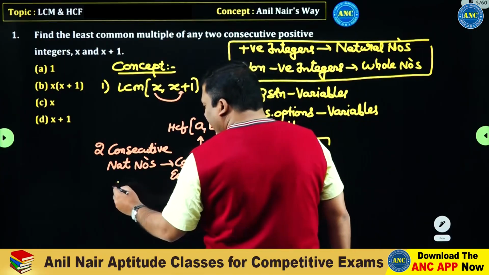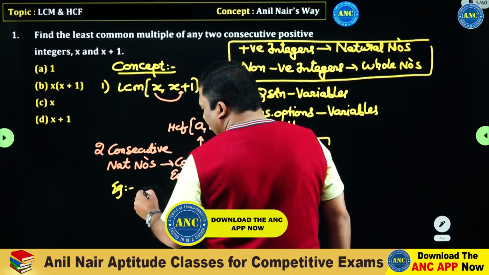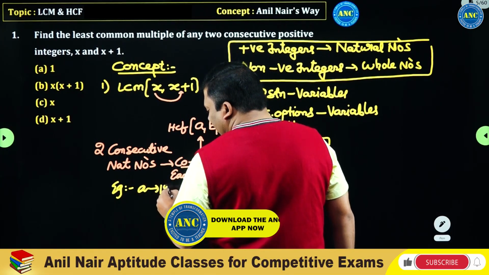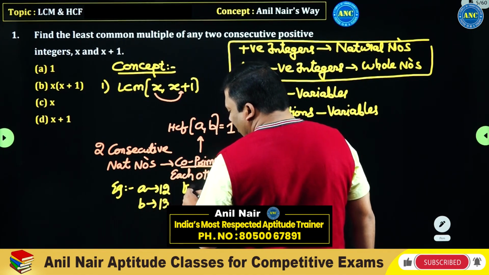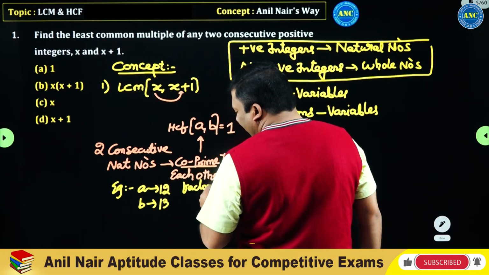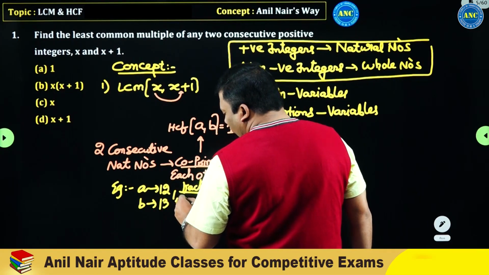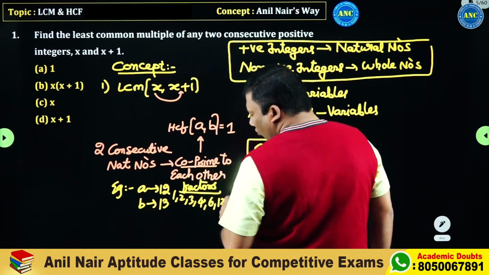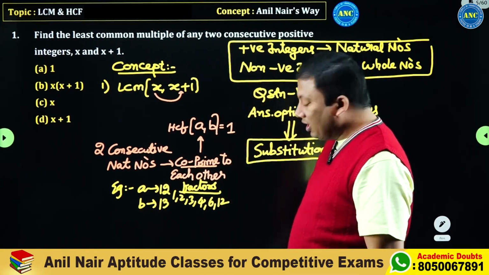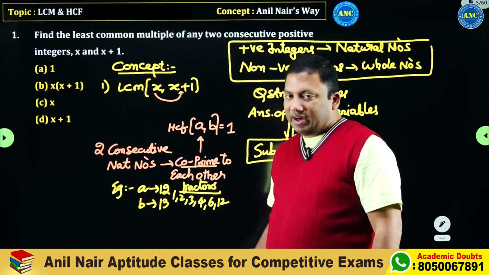For example, if A is 12 and B is 13, let me list the factors. The factors of 12 are 1, 2, 3, 4, 6, 12. These are the numbers which divide 12.